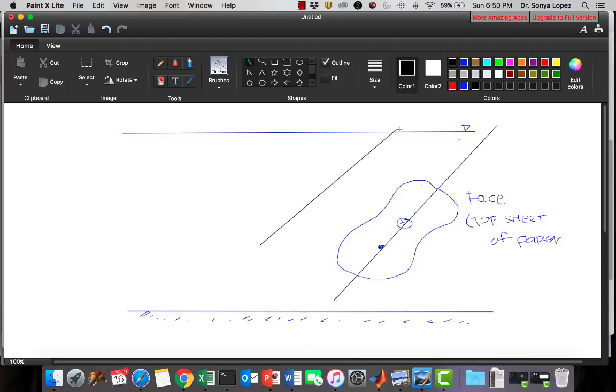Okay, so this is the face and this is the axis, but now this is the same object, okay, but this is going to be the side view.